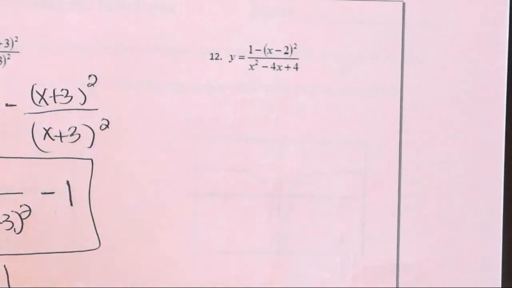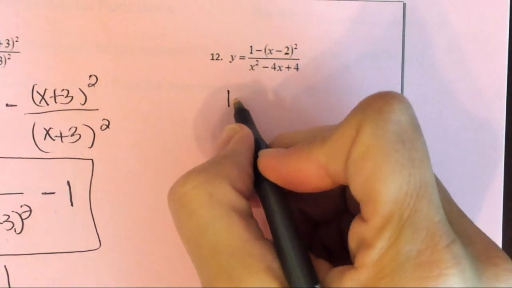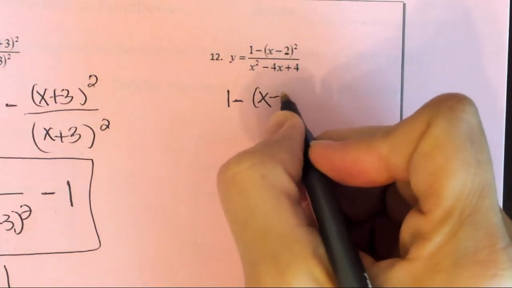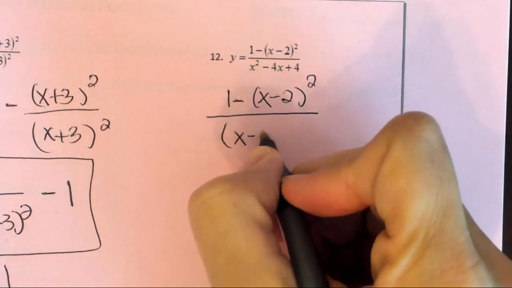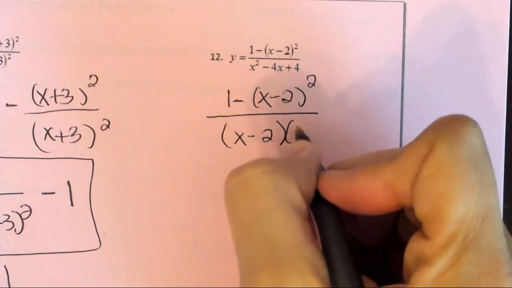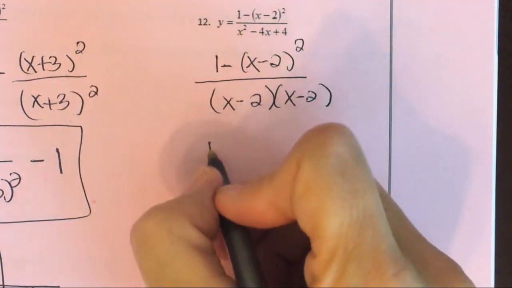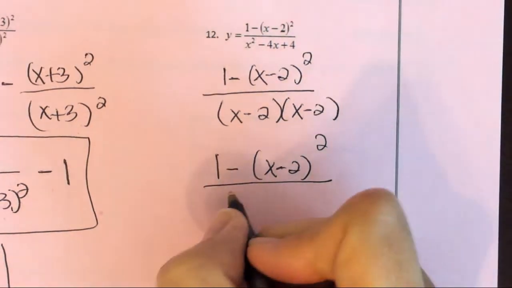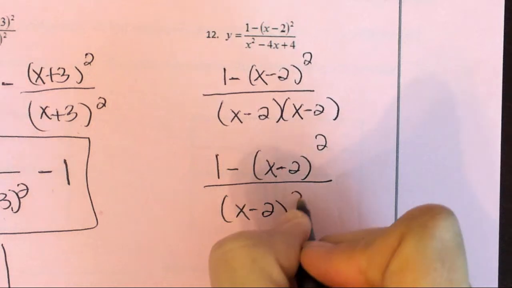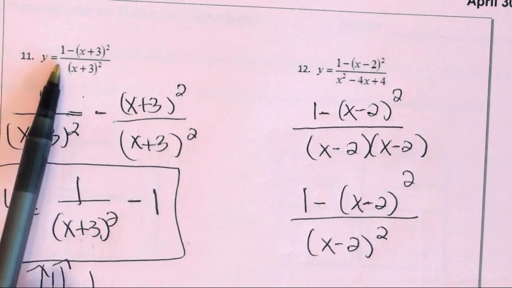Number 12 is very similar, except that the bottom can be factored. So we have 1 over (x minus 2) squared. The bottom can be factored into (x minus 2) times (x minus 2), which I could rewrite as 1 minus (x minus 2) squared over (x minus 2) squared. Now this looks a lot like the original problem I had over here.